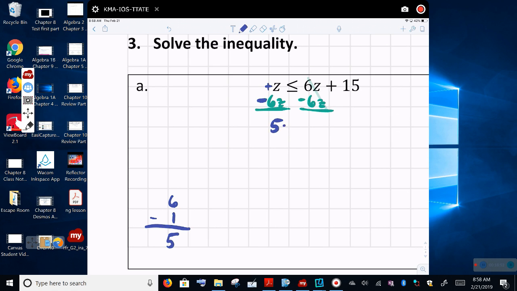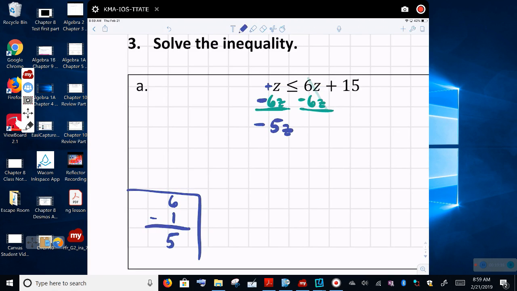The only other thing that I need to know is, am I going to use the positive sign now or the negative sign? And I'm going to choose the negative because the negative 6 is bigger than just the positive 1. Okay? So if we have to review some of that, or you guys want to review some of that outside of class, we can. Alright?